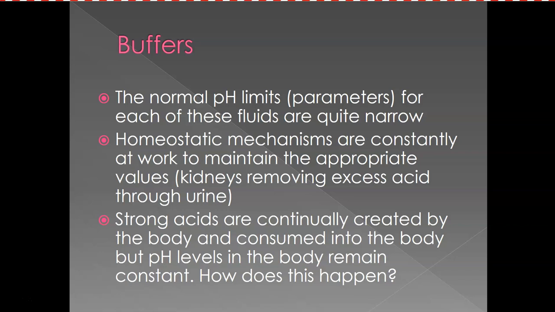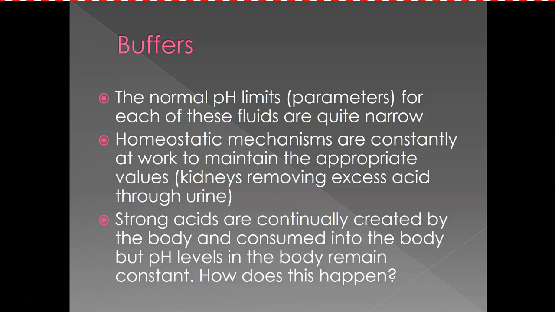So we need to have something in place that causes minor changes on the scale, which would allow the body to move one way or the other without catastrophic results from too large a movement.